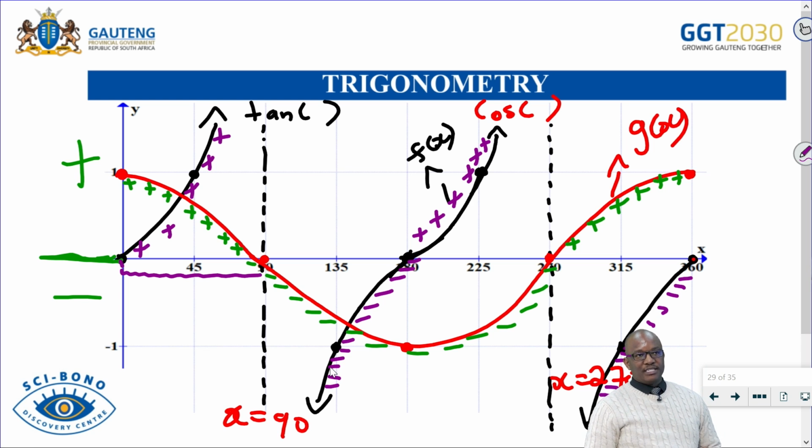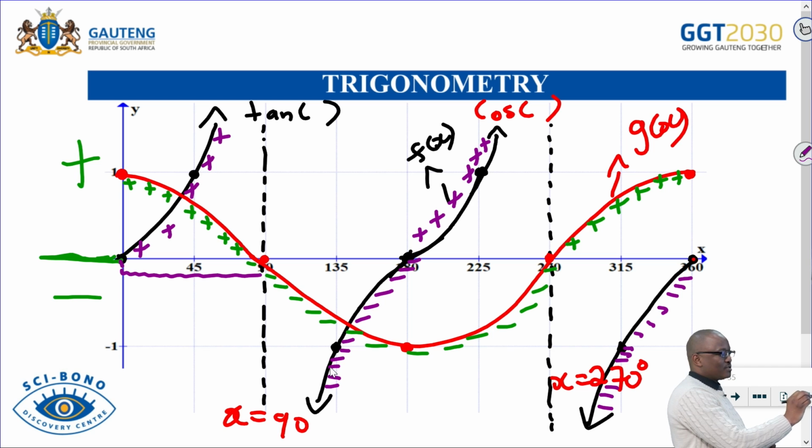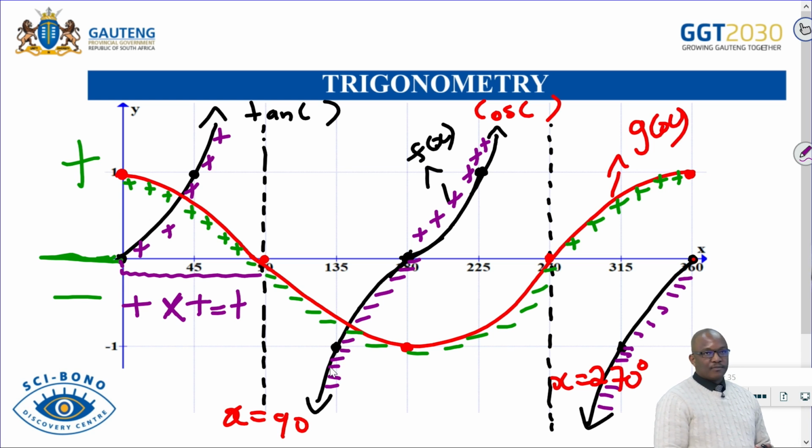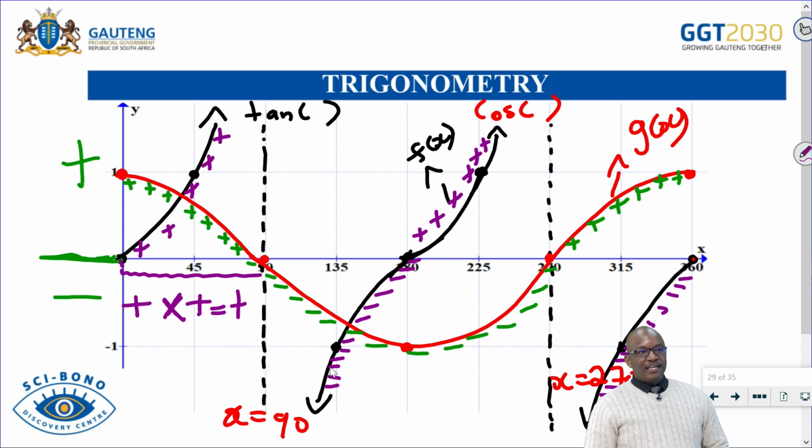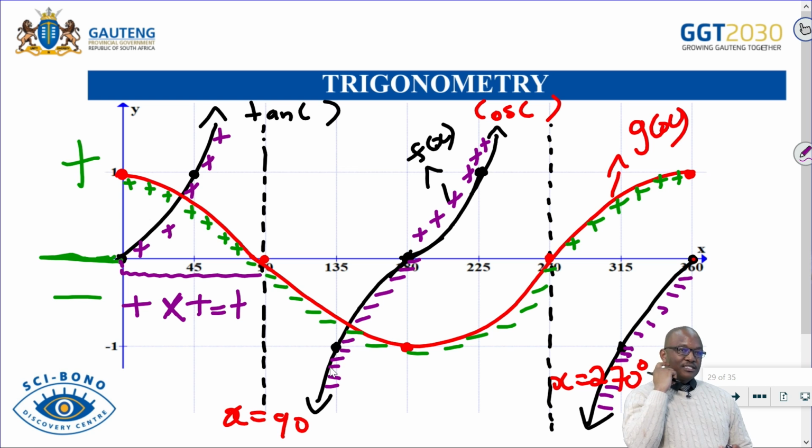From 0 to 90, those values, they are both positive. If you multiply positive by positive, automatically you will get positive. Correct. Then now, you go to the second one.